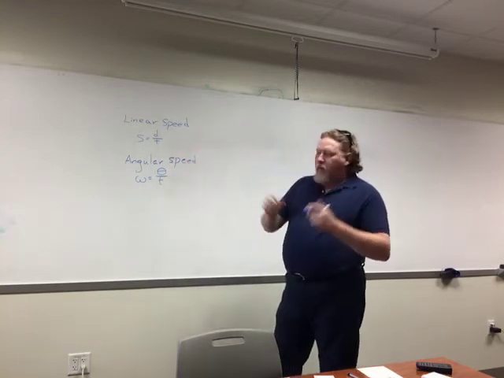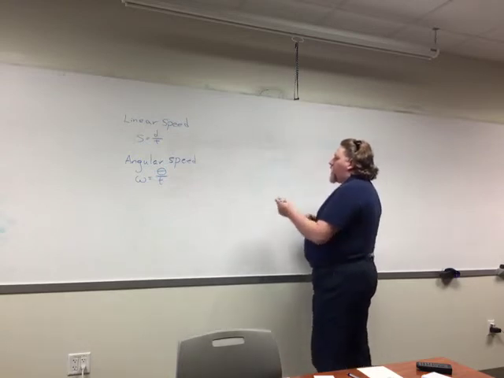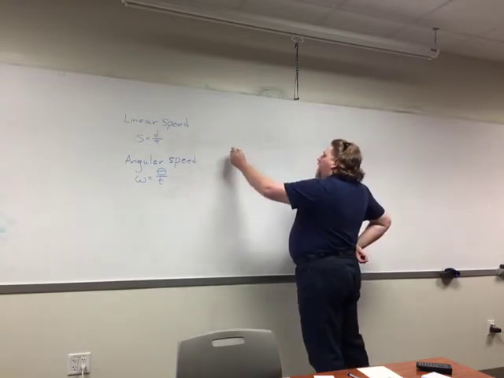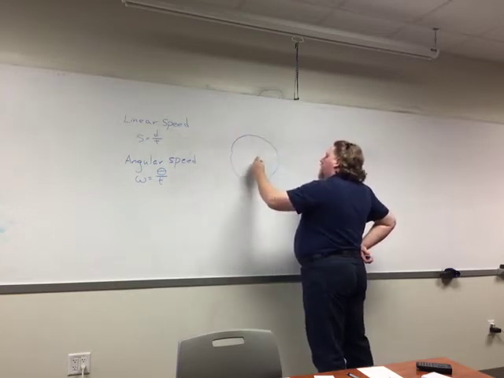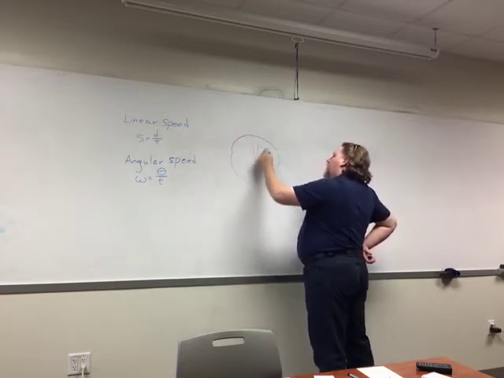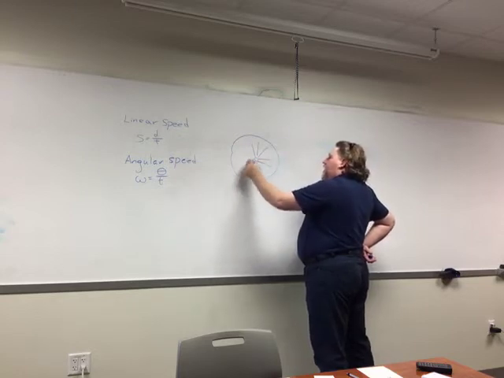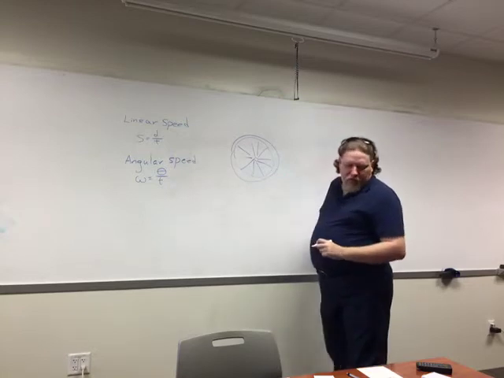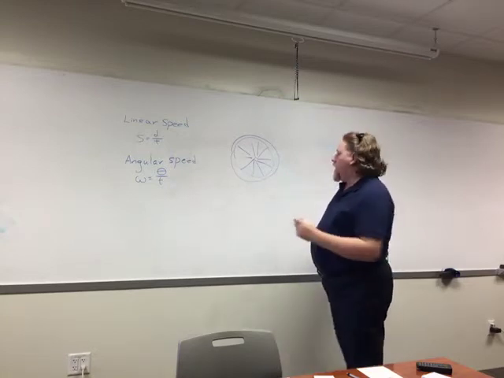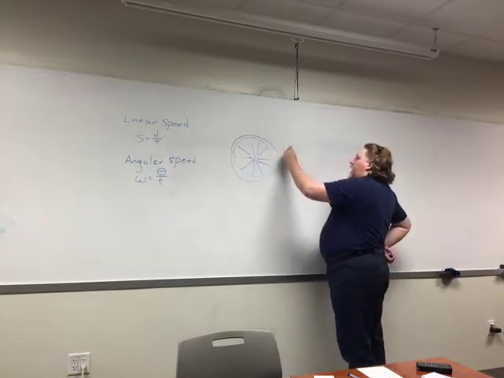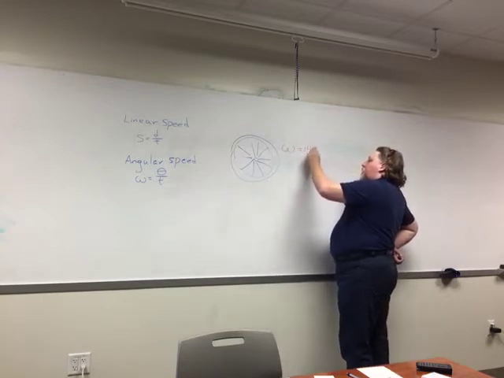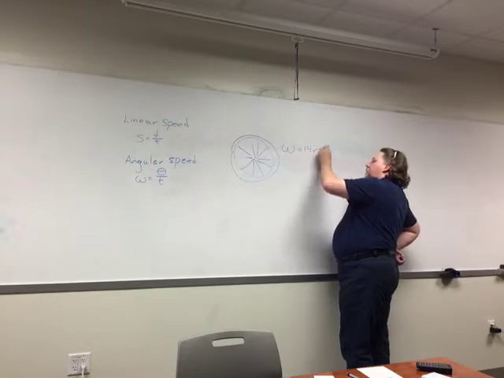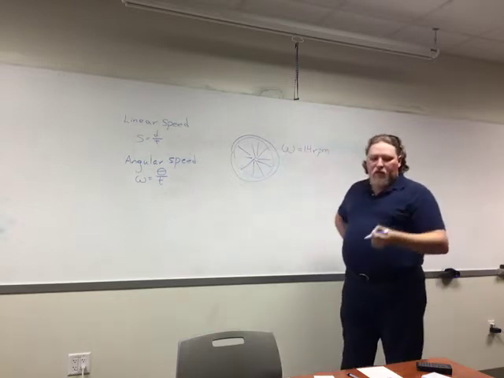So just as a quick example, just to get our brains warmed up, imagine that you've got a bicycle wheel. Here's the center and here are the spokes. And I'm not the greatest artist in the world, but hey, you get the idea, right? And let's suppose that this bicycle wheel is turning with an angular speed of 1.4 RPM, revolutions per minute.